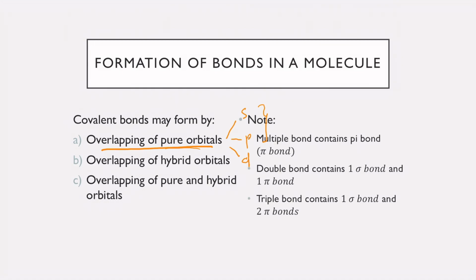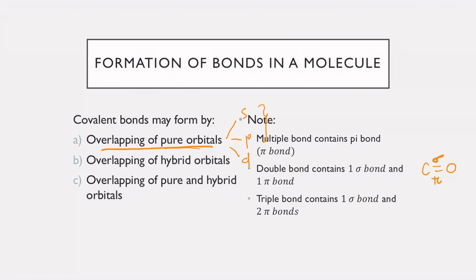So note that if you have a multiple bond, you will have a pi bond. If you have a double bond like this, then one of the bonds must be a sigma bond, and the other will be the pi bond.